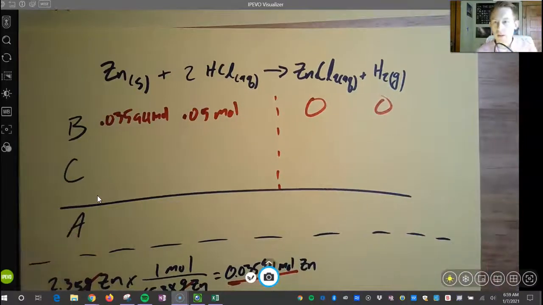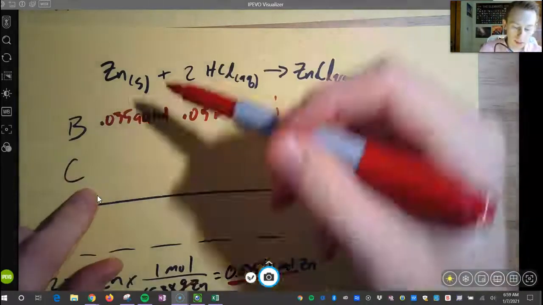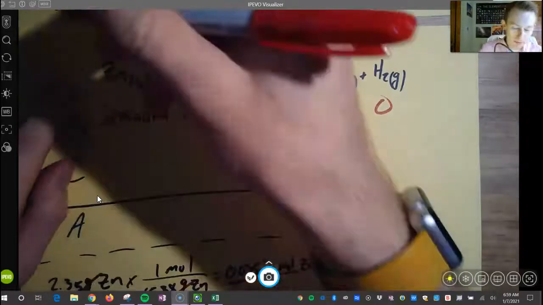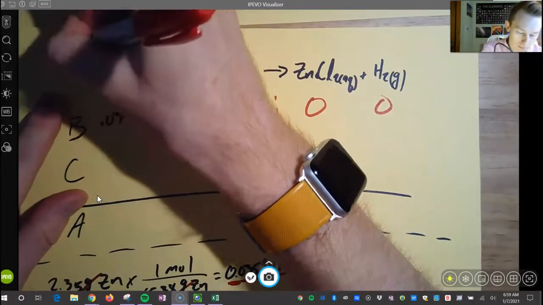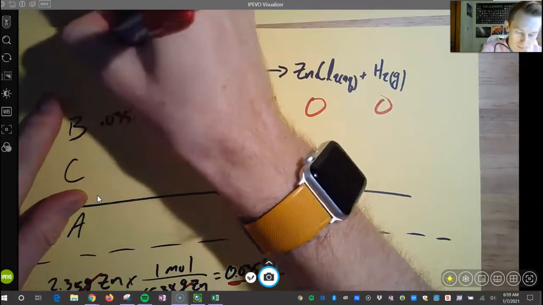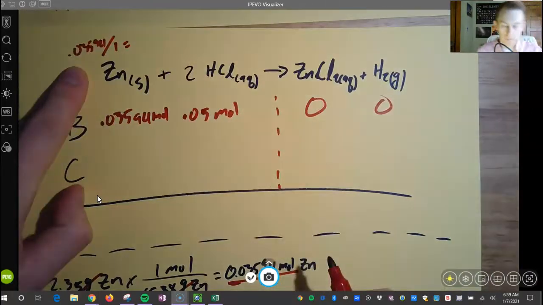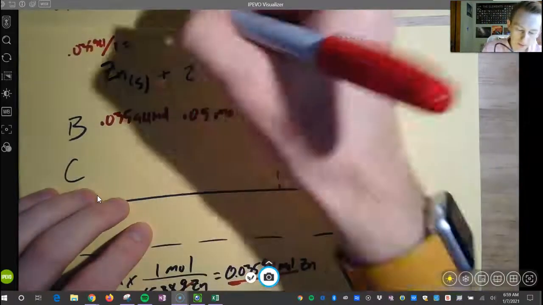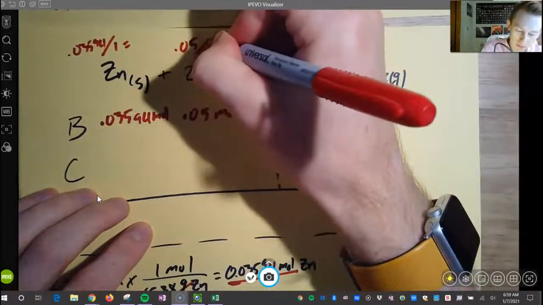And so now we can finally figure out what our limiting reactant is by figuring out which of these is going to be consumed first. And we do that by taking our starting amount of moles, and dividing that by the coefficient. It's just going to be the same number back, right? And then for this one, we get 0.05.